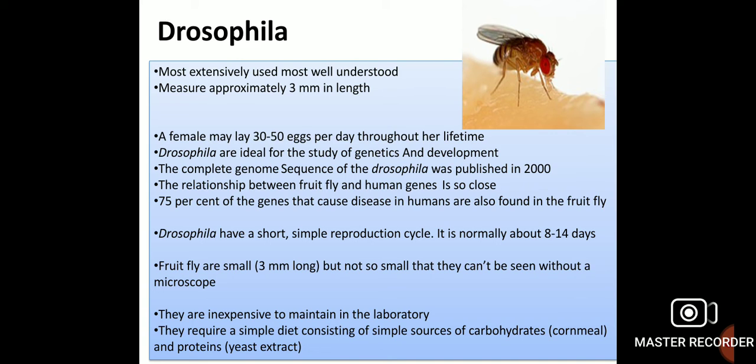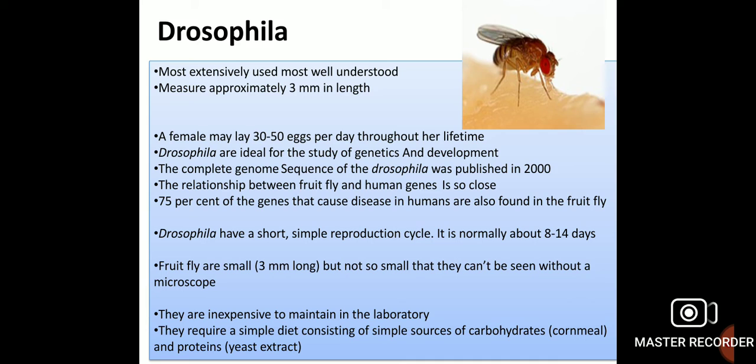Its length is approximately 3 millimeters, so it requires a very small amount of space to live in. One female may lay 30 to 50 eggs per day throughout her lifetime, whereas the litter size of a rat is around 10 to 12, so it is more convenient.